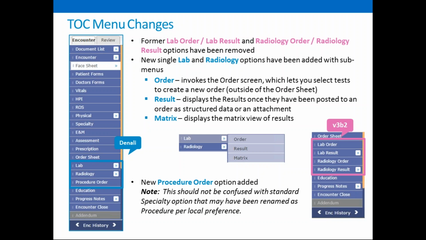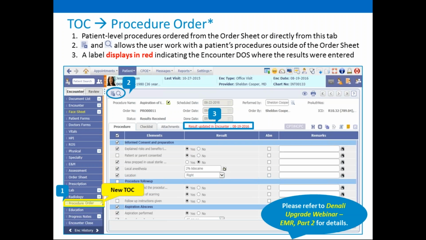And then we've added a new option called Procedure Order. Now that is one of the choices that I mentioned. We're not really going to discuss a lot of detail here today because it is part of the orders management upgrade. But when you are ordering procedures through the new orders management module, there is a new option here that displays that for you.